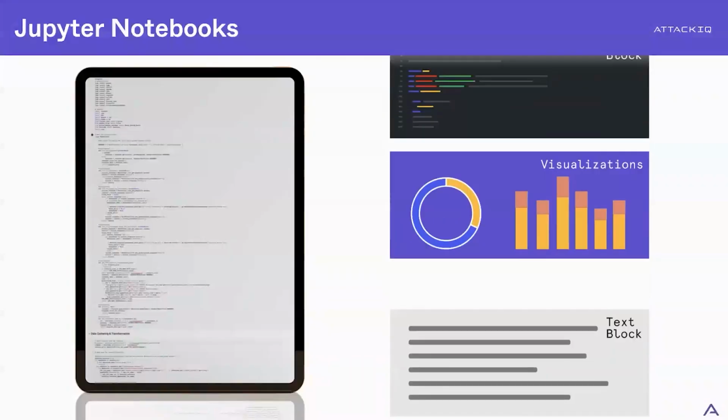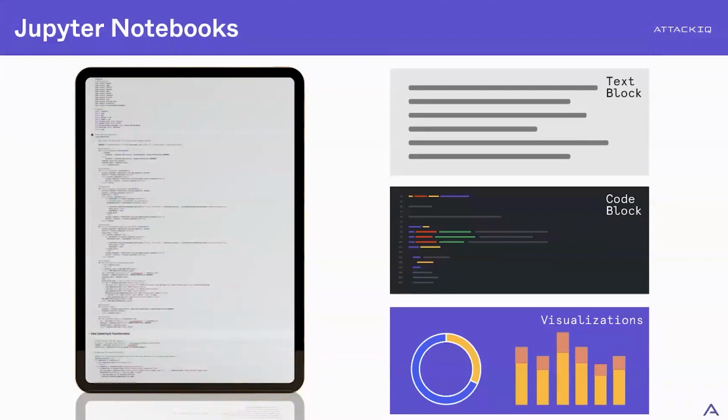Okay, so let's talk about Jupyter Notebooks. If you're not familiar with Jupyter Notebooks, it is essentially a web-based application. You can download it today. It's open source. You could download it and install it on a machine, on a server. There's Google Colab. There's Microsoft BI. Lots of ways to access the Jupyter Notebook framework.